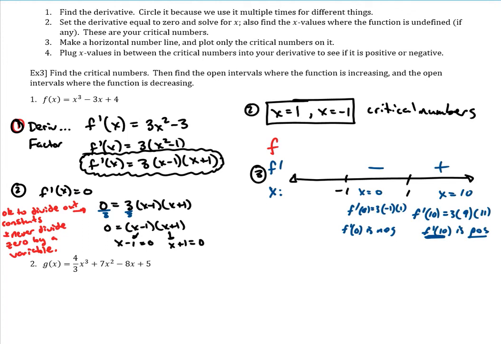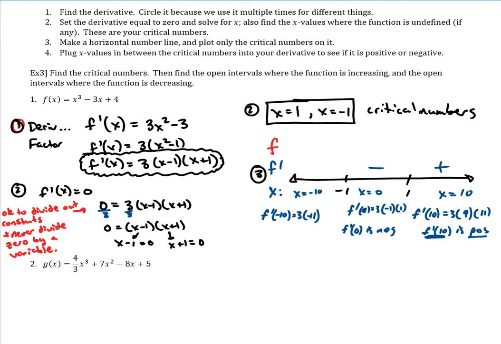And then let's do our last one. So anything left of -1, let's use x equals -10. I usually like to use anything that has a 0 in it if possible. Okay, so again, you could choose any value that you want left of -1. But when we plug that in, f prime of -10 would be 3 times -10 minus 1, is -11.